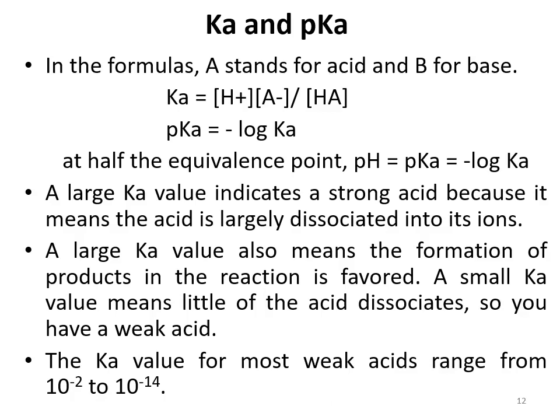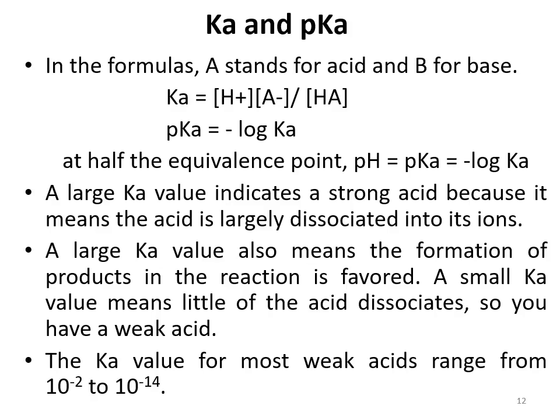Ka is the concentration of the dissociated acid ions divided by the non-dissociated acid, and taking the negative log of the Ka value gives the pKa value. At half the equivalence point, pH is equal to pKa, the negative log of Ka.